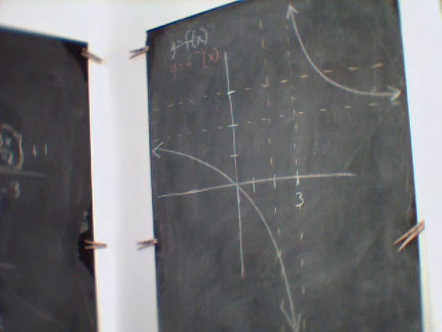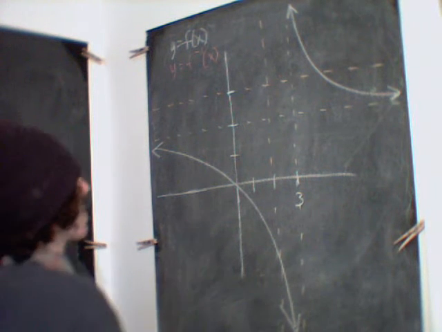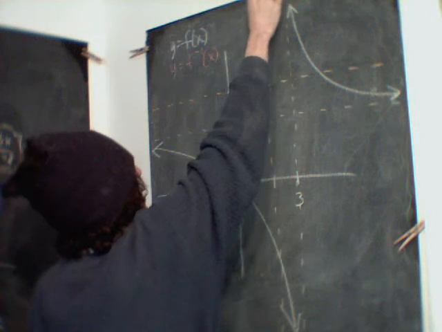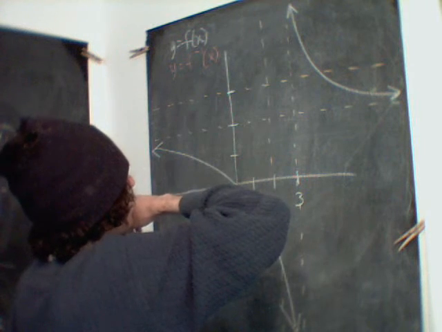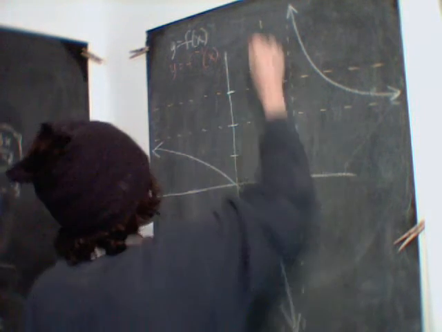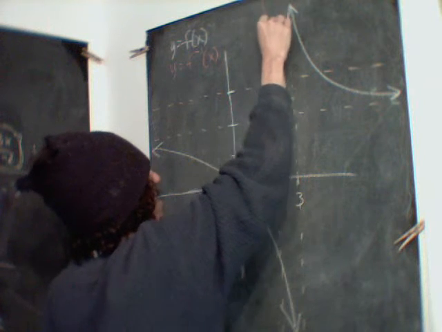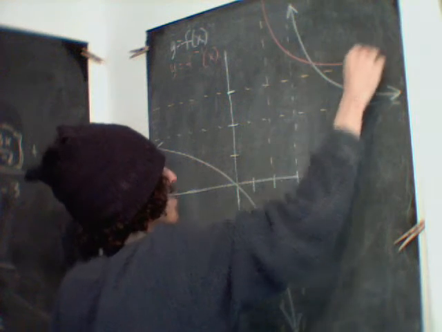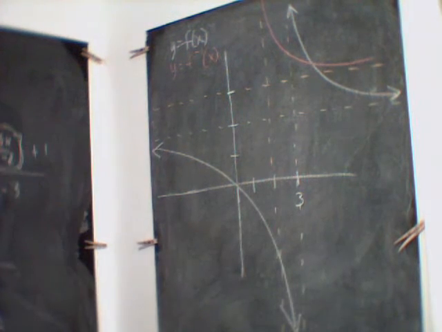Well, at x equals 2, if you're to the right of 2, it's going to go to plus infinity, so it's looking like it's going to be like this, something like that red, right there.